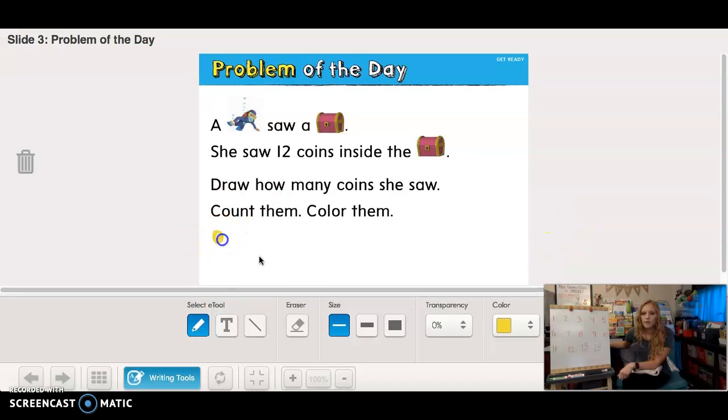Ready? 1, 2, 3, 4, 5, 6, 7, 8, 9, 10, 11, 12. Do you notice anything about how I drew my coins?